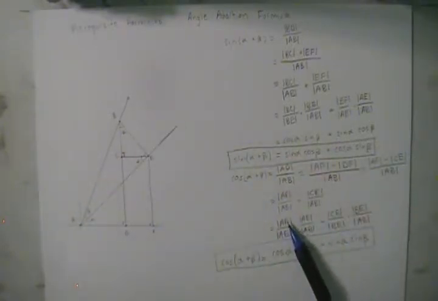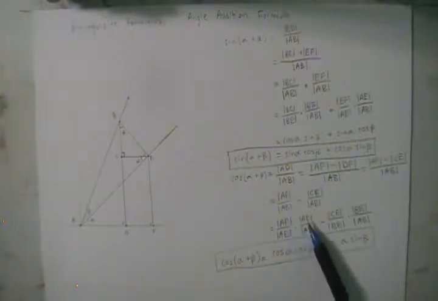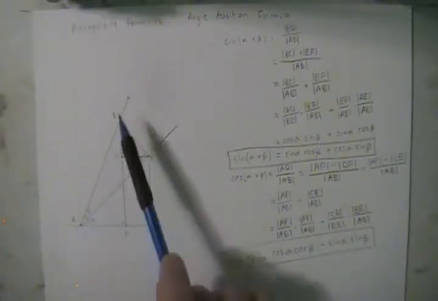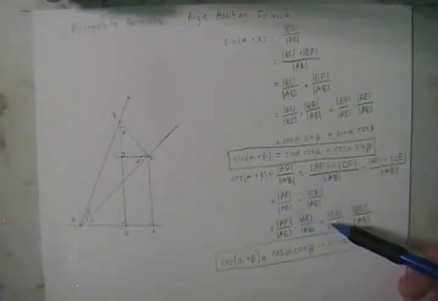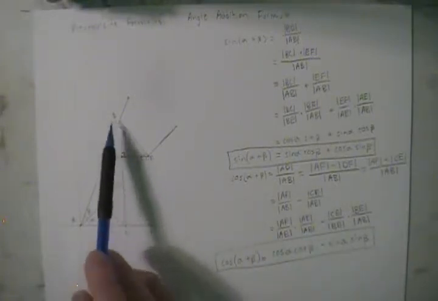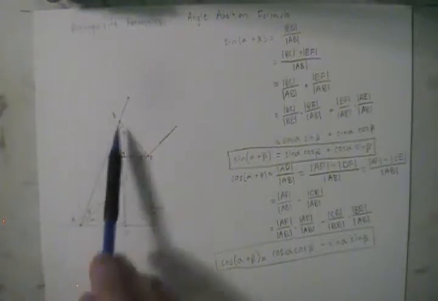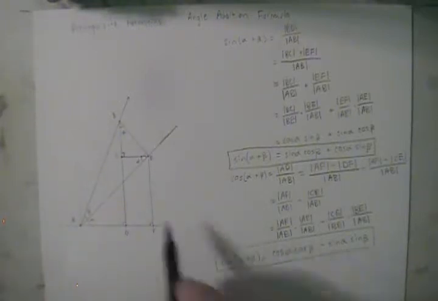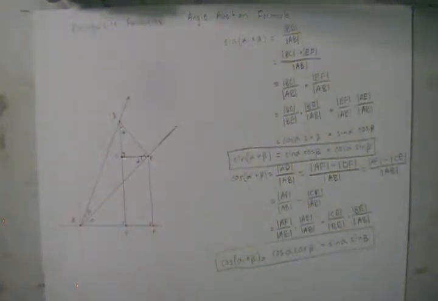So we can see that the ratio AF over AE times AE over AB is the same as that original ratio AF over AB. And then we needed to subtract out a similar thing here, CE over BE times BE over AB, which we can see we use the cosines and the sines of the angles that are shown here on the diagram.